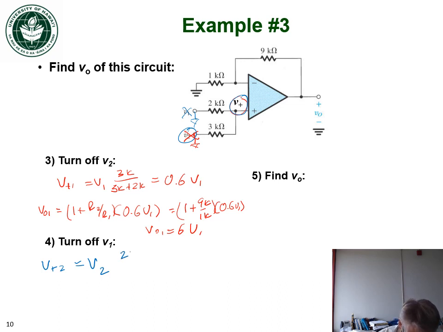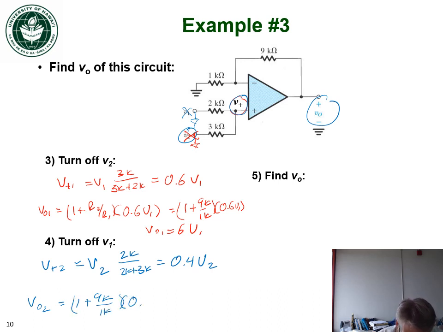That's 2K over 2K plus 3K, which is equal to 0.4 V2. Now the output V out 2 is equal to 1 plus 9K over 1K times 0.4 V2, which is equal to 4 V2.